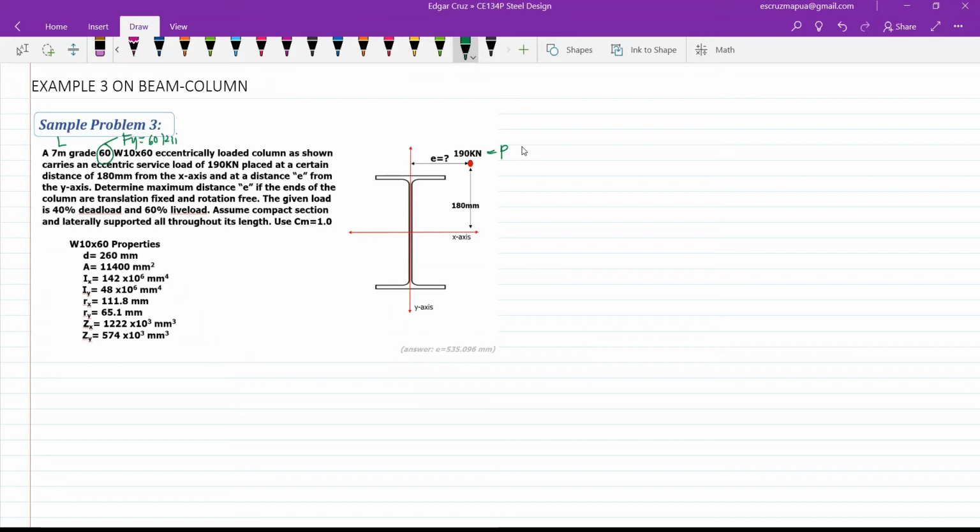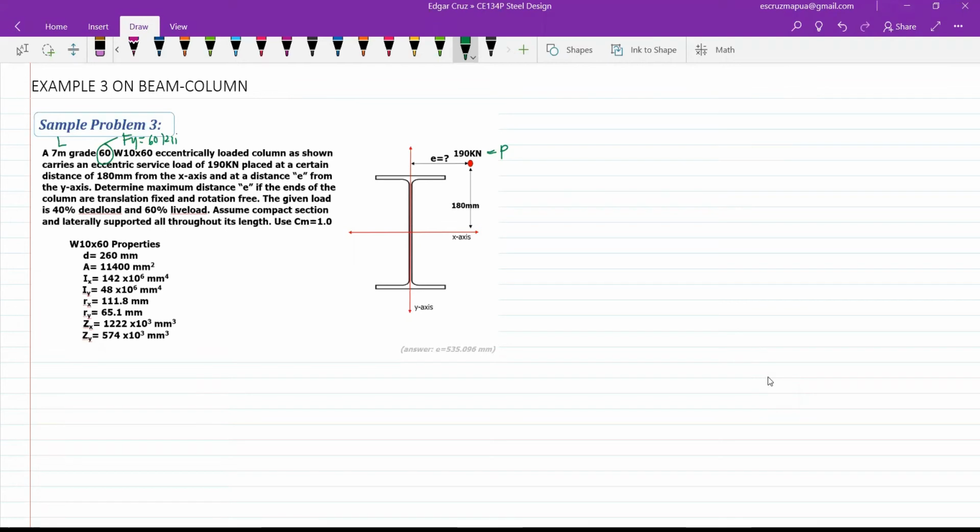Since the load is applied at a certain distance away from the x and y-axis of the section, the section will experience axial compression, bending about x, and bending about y. So the member experiences three effects. Therefore, this would be a beam column: axial compression, bending about x and bending about y.